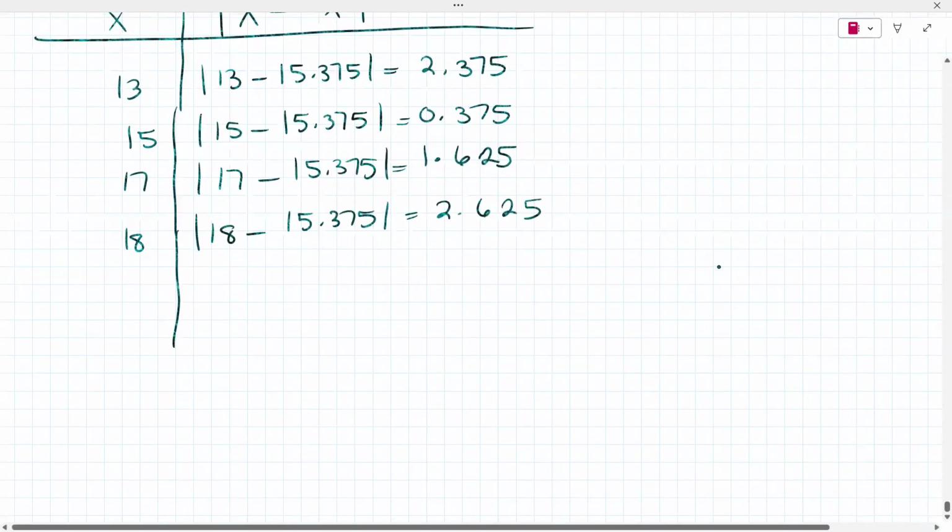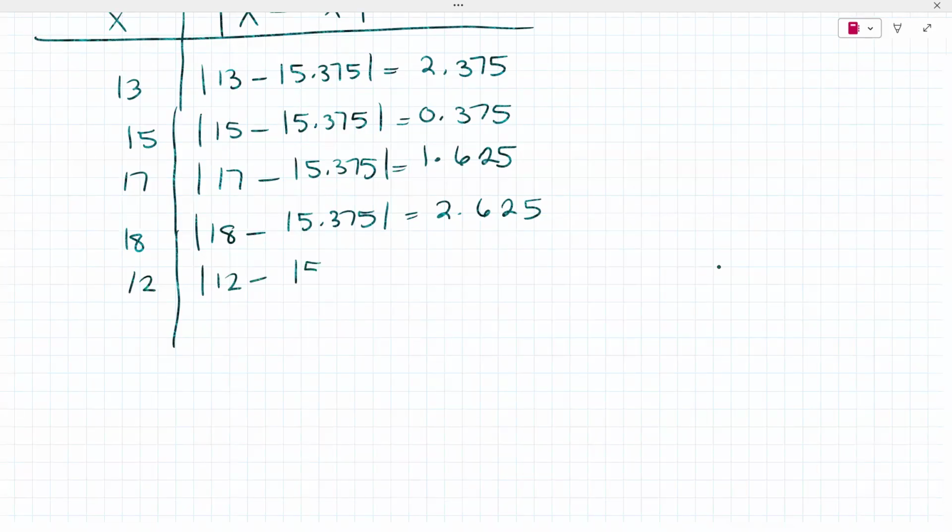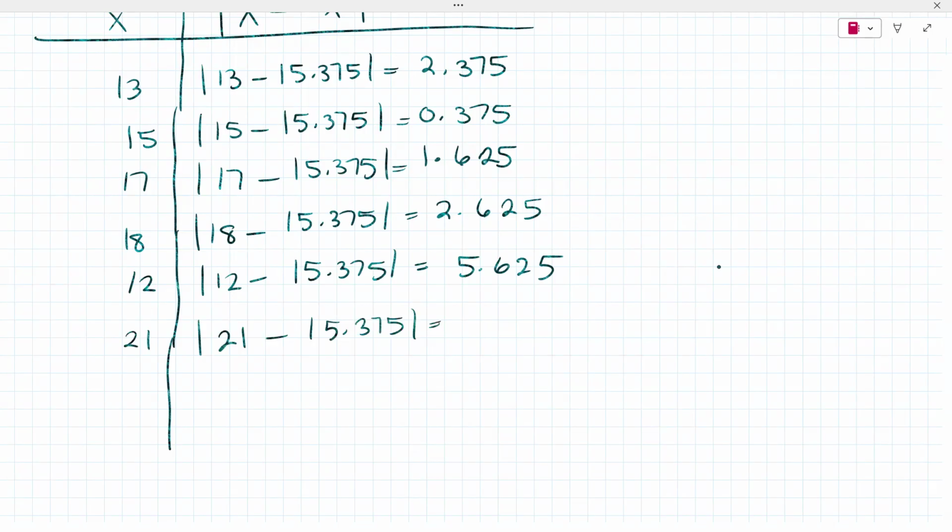The next one is 12. So it's 12 minus 15.375, which spits out 5.625. The next one is 21, which spits out 5.625.